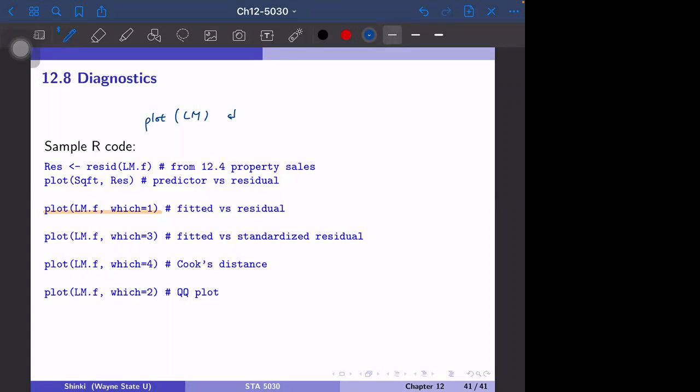If you want to get a specific plot, you can specify plot lm object, then which is equal to 1, 2, 3, and I think maybe 5 also, 1 to 4 or 1 to 5. So 1 is fitted versus residual, 2 is the QQ plot, 3 is fitted versus standardized residual, and 4 is for Cook's distance. You can use these for the final projects or any projects that require statistical diagnosis.